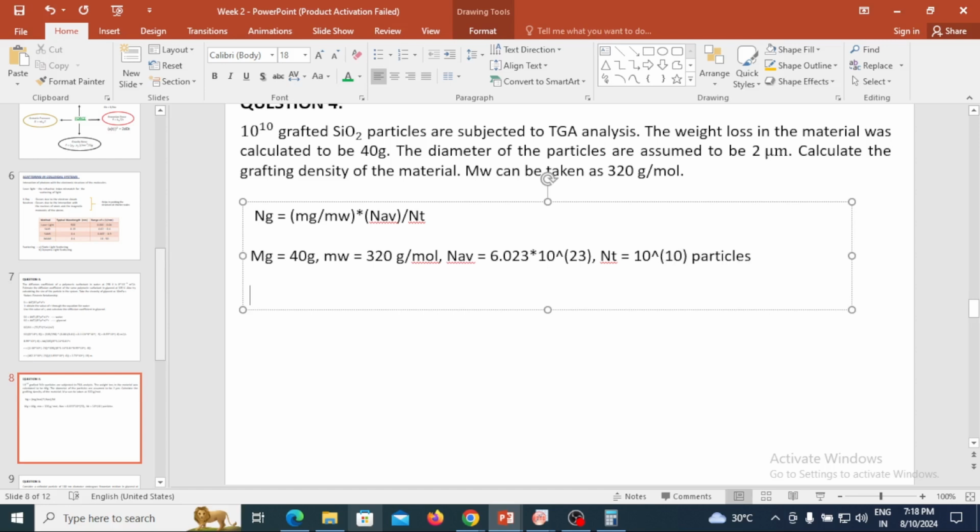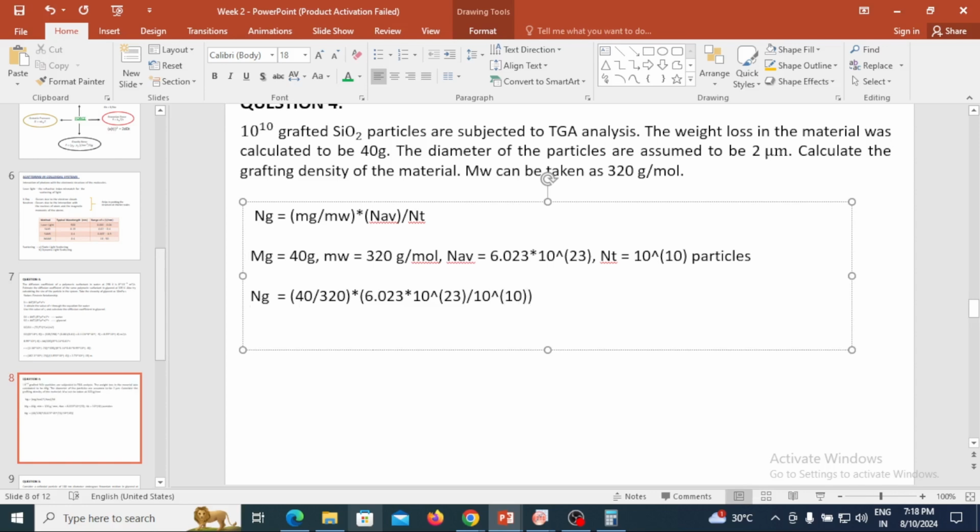So this is the given data. From there we can calculate Ng as mg by MW, 40 by 320, times 6.023 times 10 to the power 23, divided by 10 to the power 10.